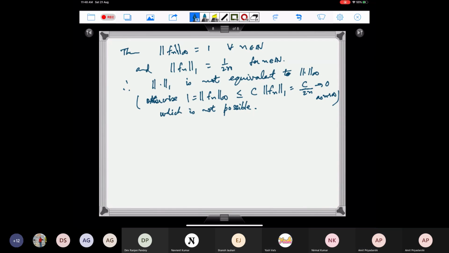So the next important result that we are aiming for is this. What we have seen is that any two norms on a finite dimensional normed linear space are equivalent. Therefore, if we look at any finite dimensional normed linear space and look at the closed unit ball, then it is always compact, right?